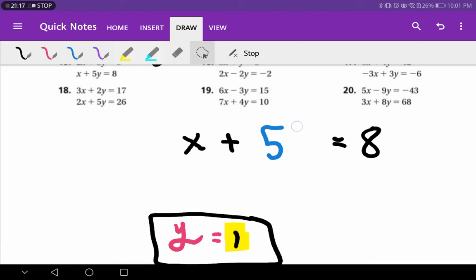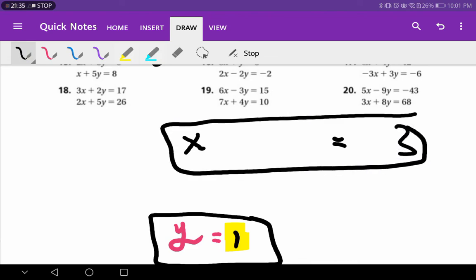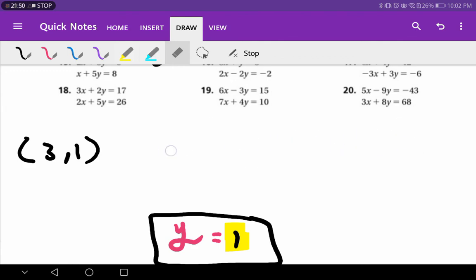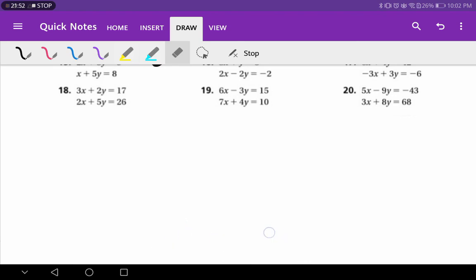I move this to the other side to make the x alone and happy. 8 minus 5 equal 3. x equal 3. Okay, so the system solution is 3 and 1. Okay, my dear students, so this is the first part for 6-3.